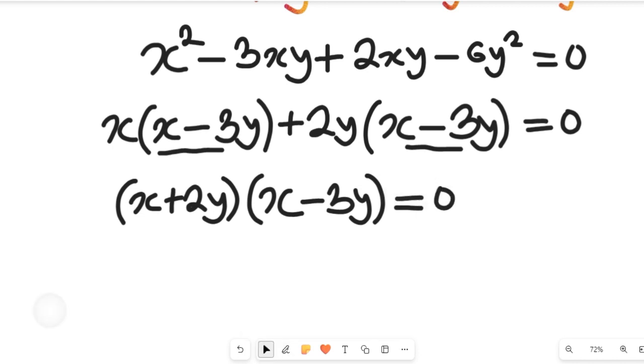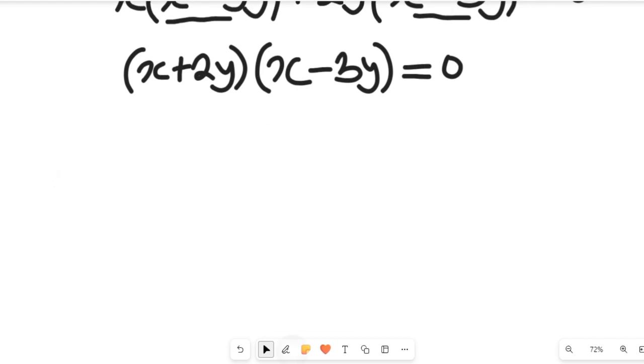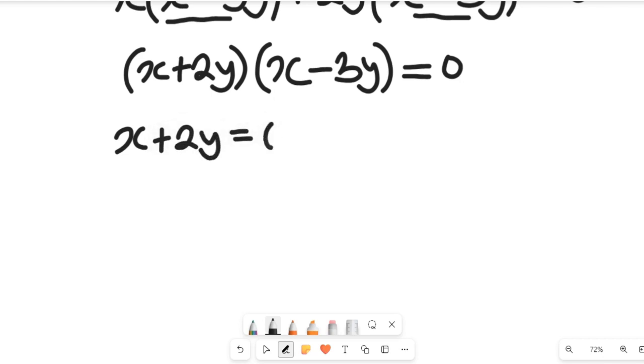Now from this expression, you must have come to see that we have two common expressions. The first is x plus 2y equal to 0, or we are going to have x minus 3y equal to 0.